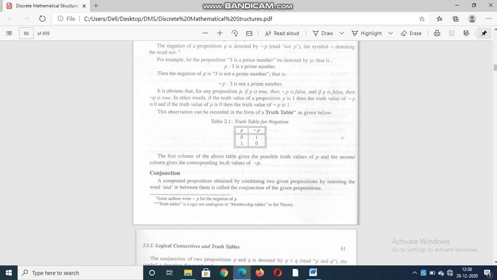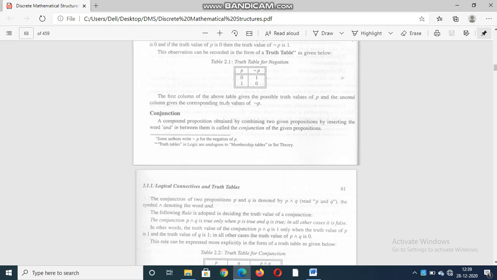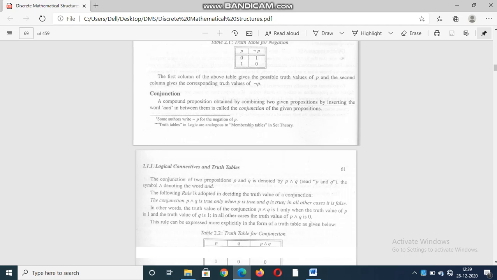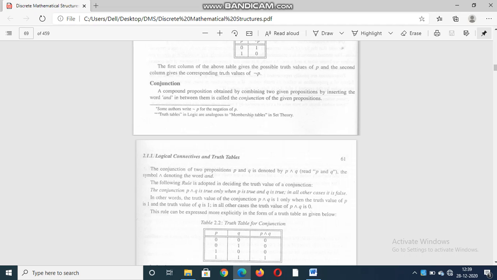Next is conjunction. Here you have two elements, and those elements have some possibilities of inputs. If you combine these two, P and Q, instead of fail and pass we are using zeros and ones.